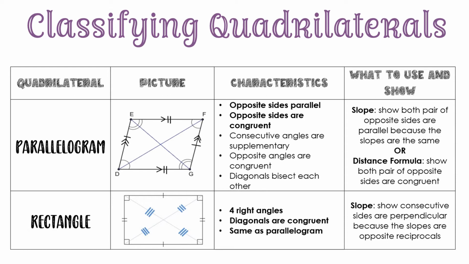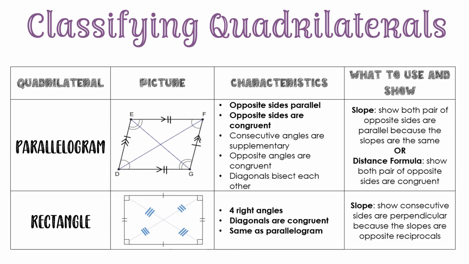So to show that it's a parallelogram, you can either do slope and show that opposite sides are parallel because they would have the same slope, or you can do the distance formula and show that the opposite sides are congruent.